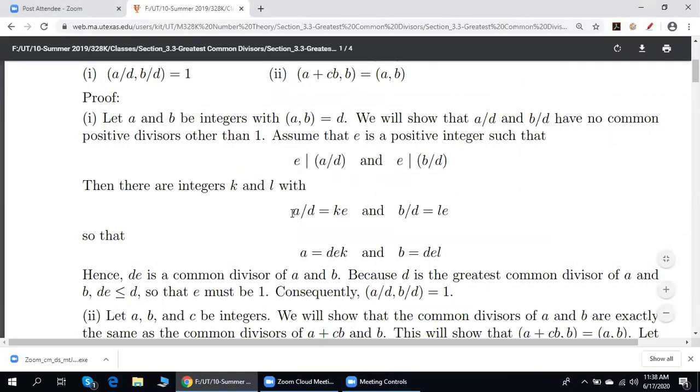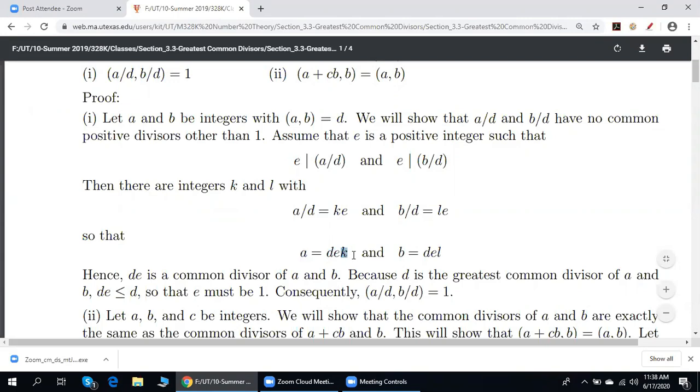Next, let us multiply both sides here by d, done. And let us multiply both sides here by d, done. Note that according to what is written here, a is divisible by de, because a is de times an integer number.